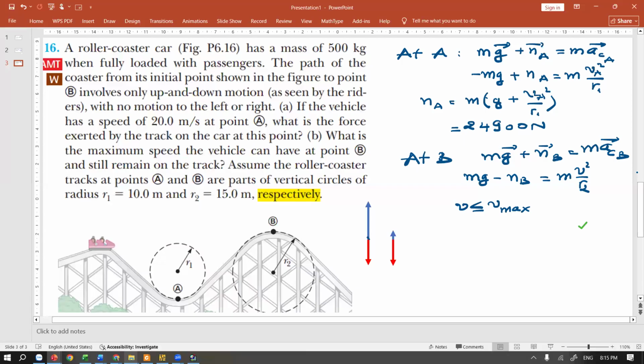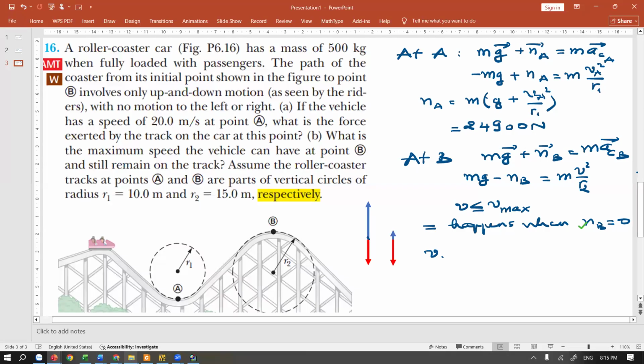The maximum value can be, so the equal sign happens when N at B is 0, right?